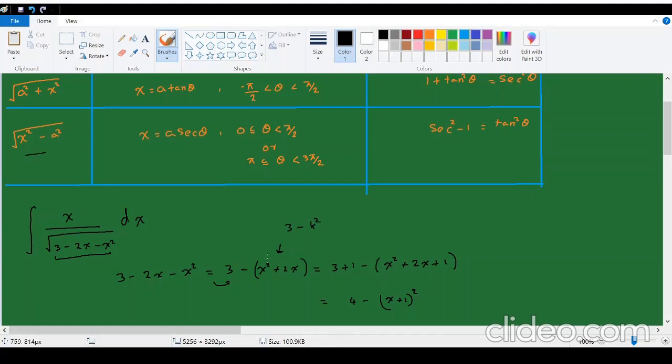So our goal should be to construct some sort of a square from this term. That's basically called completing the square, right?